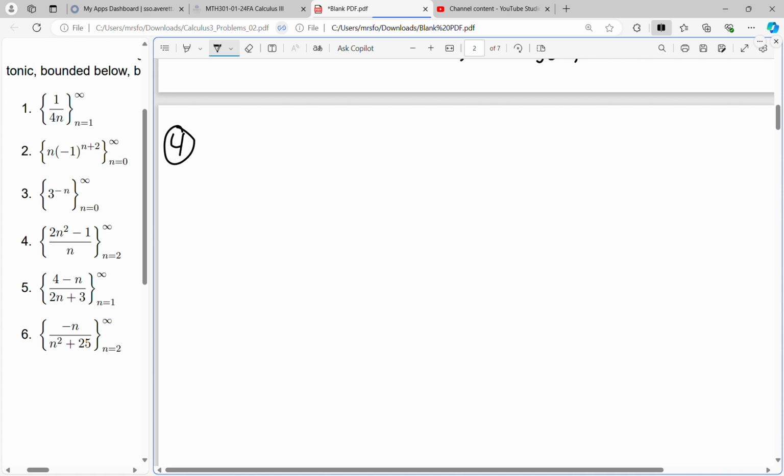For this one, to determine if it's increasing or decreasing, we can differentiate, and if our derivative is always positive, then it's an increasing function. So for number 4, I'm going to put this in terms of f of x: f of x equals (2x squared minus 1) over x.